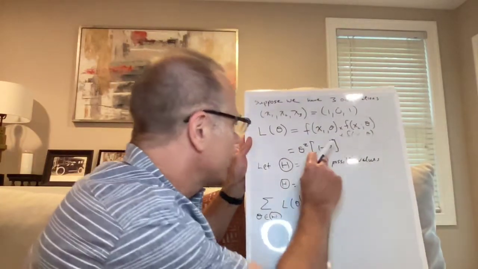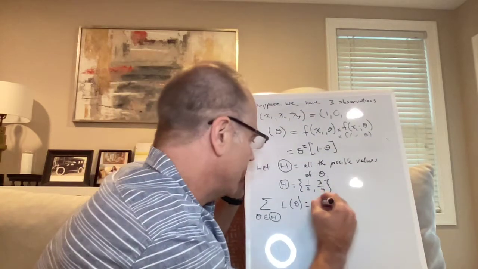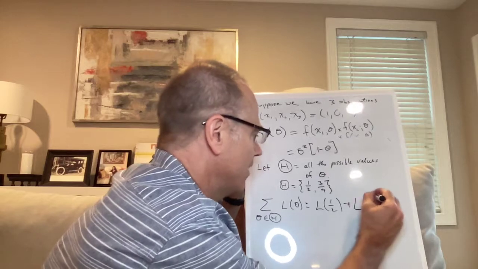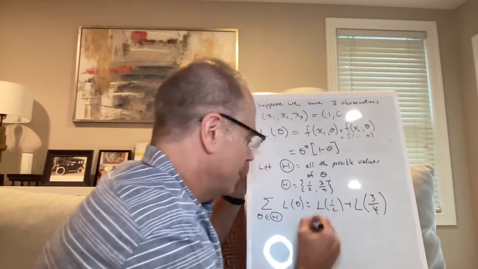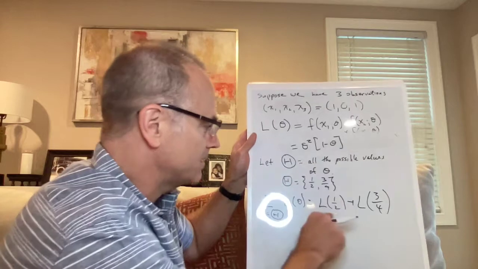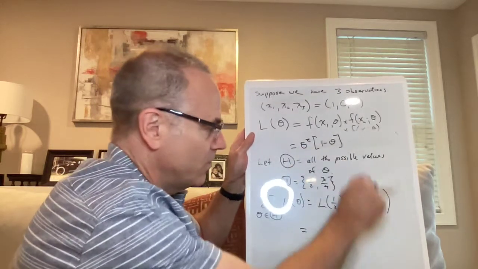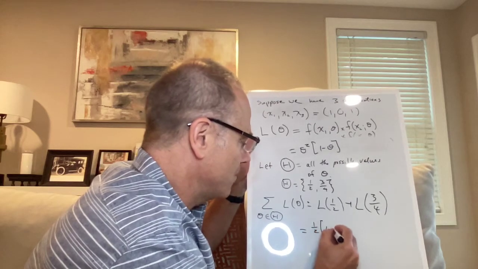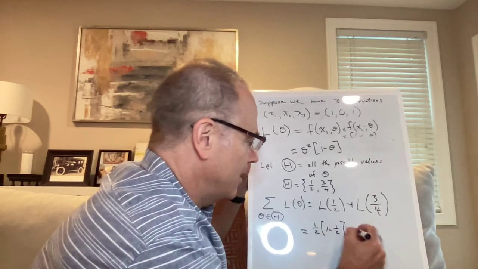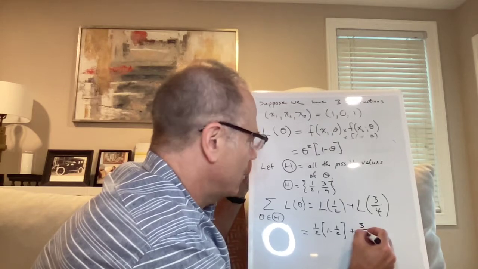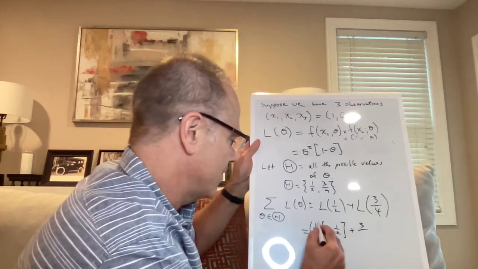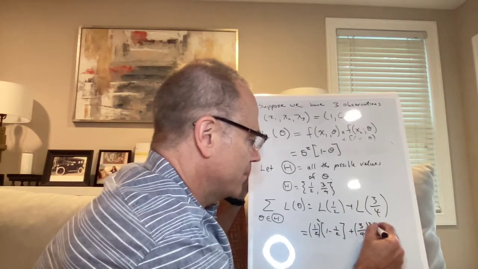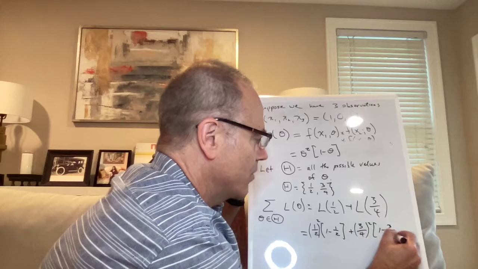It would just be L of 1/2 plus L of 3/4. Let's substitute in 1/2 for one and 3/4 for the other. So we get 1/2 squared times 1 minus 1/2, plus 3/4 squared times 1 minus 3/4.